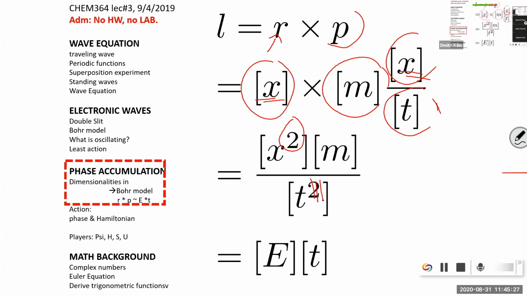Okay, I was trying to be too quick. Now I can multiply it and divide it by time.